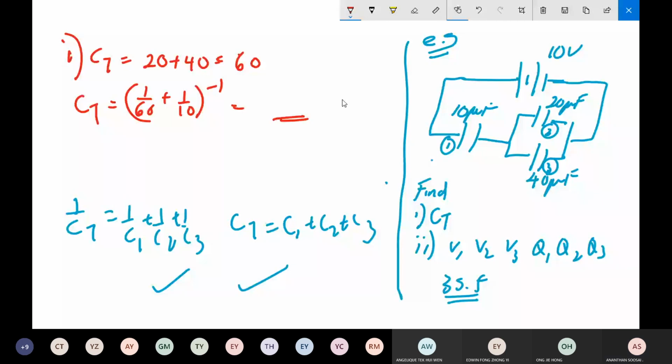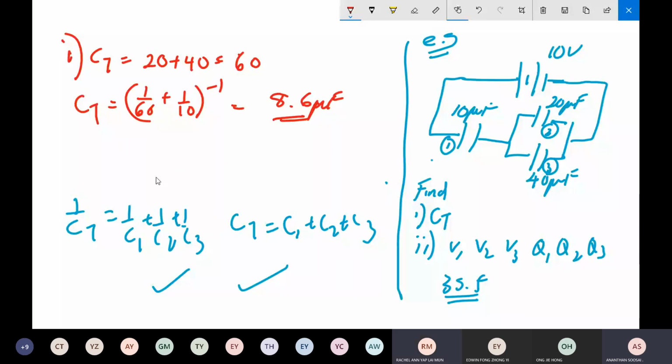What do you got? 60 over 7, 8.6. Okay, good. 8.6 microfarad.